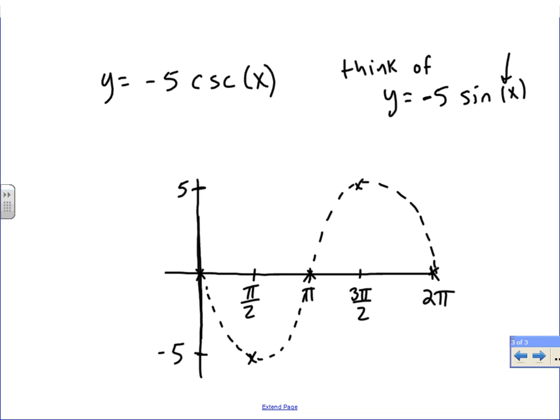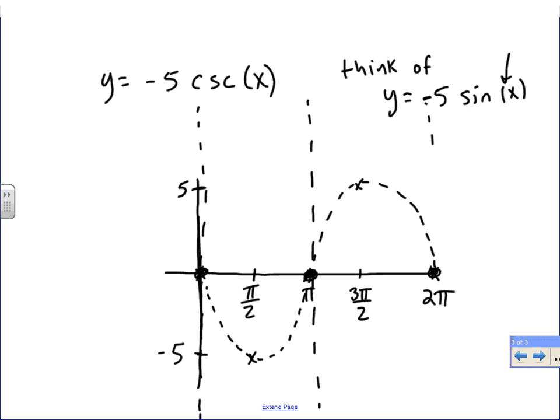Okay, now we're ready to do cosecant. So where sine is 0, cosecant will be undefined. So my 0 marks here, 0, pi, and 2 pi, and we're going to have some asymptotes.